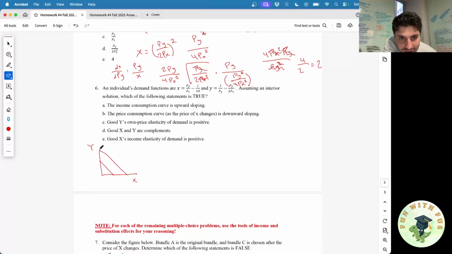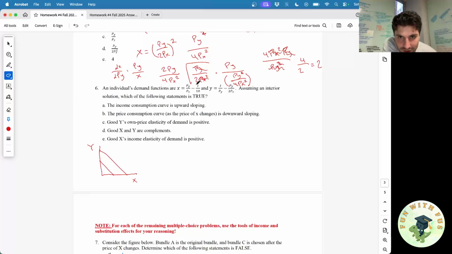The income consumption curve, although it did give me just a true, so luckily I only have to find one of them. The income consumption curve is upward sloping. So it appears that as my income increases, my x would decrease because this is a negative number.